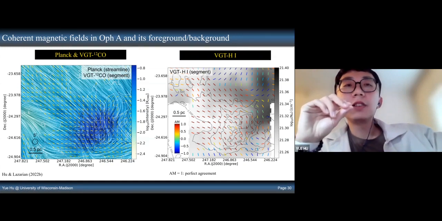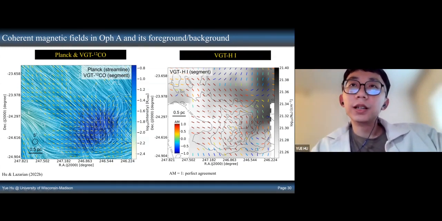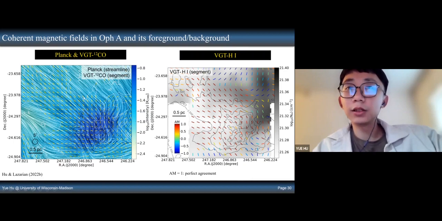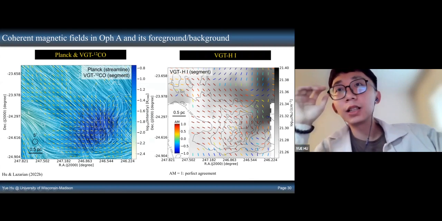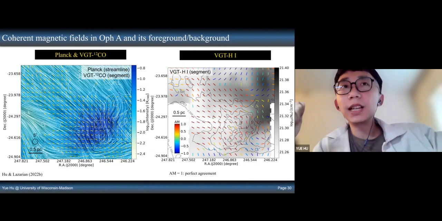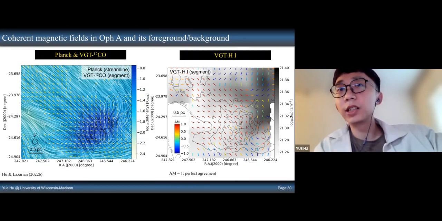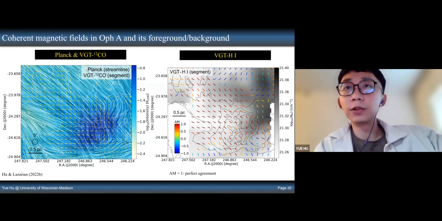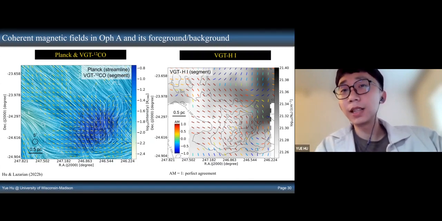Our discovery is that the magnetic field in the HI, that's the foreground region, statistically agrees with the one in the molecular cloud. You can see the red area, where the red vectors mean very good agreement. It means the magnetic field is coherent across the molecular cloud, and also the background and the foreground. The variation is very small, and that's new information obtained from the velocity gradient that has not been studied before.